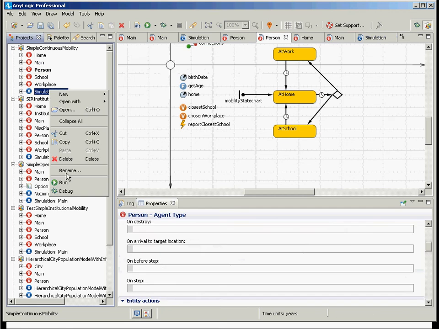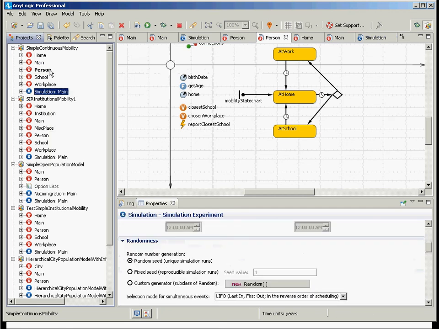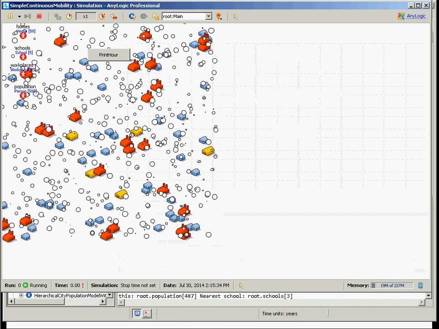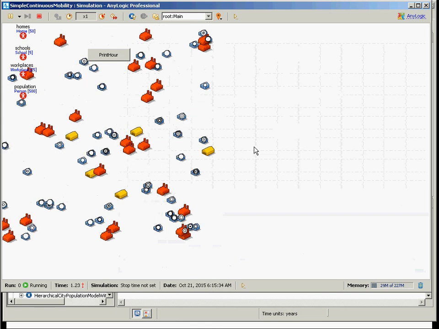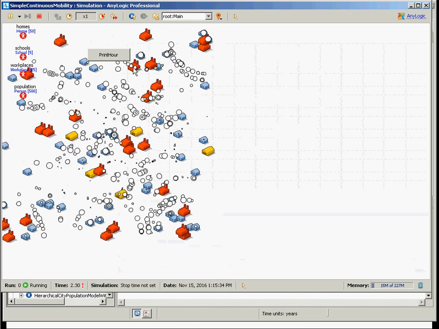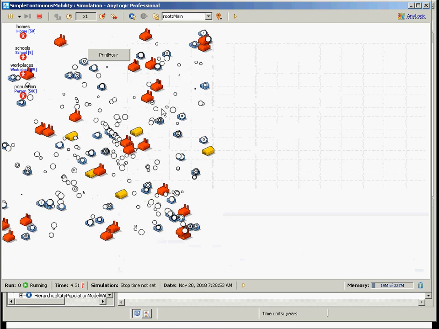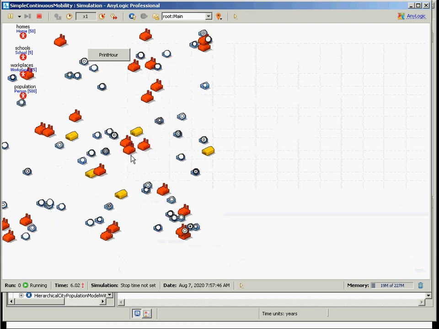Yeah. So here we have a population of individuals. They're going to school. You notice the schools are associated with smaller little blips, and then they're going back to home. So I'm going to slow this down. But the point is, people here are aging over time.